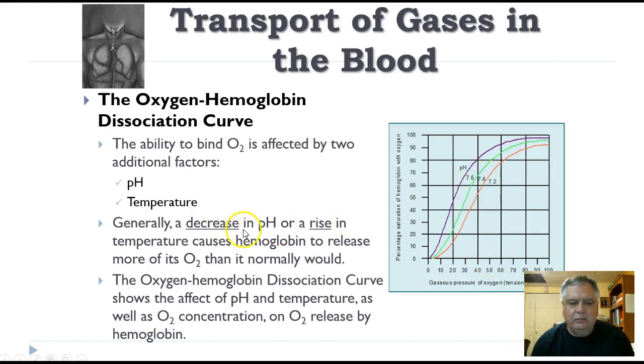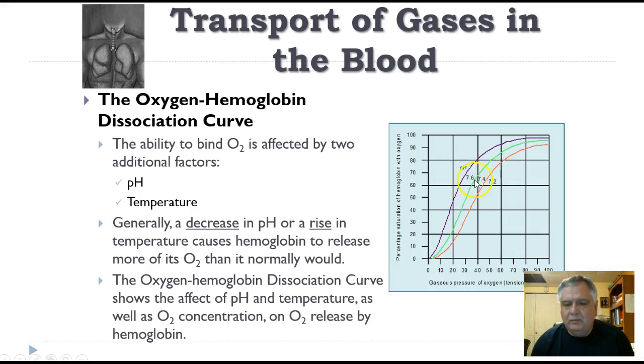A decrease in pH is going to cause hemoglobin to release more of its oxygen. So the line gets steeper and the blood's going to release more oxygen at that lower pH. Notice up here, if the pH is a little bit higher, say 7.6, then that's not as active a tissue, and so the tissue doesn't require as much oxygen, so the higher pH is going to result in a slower release of oxygen in that tissue.